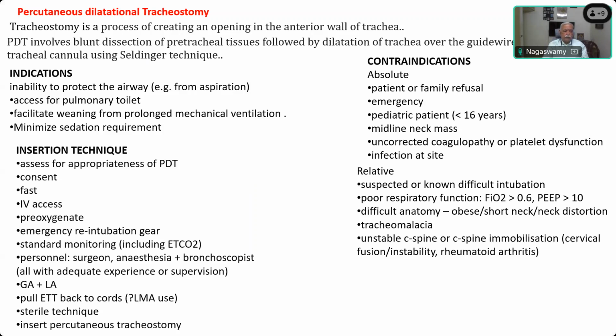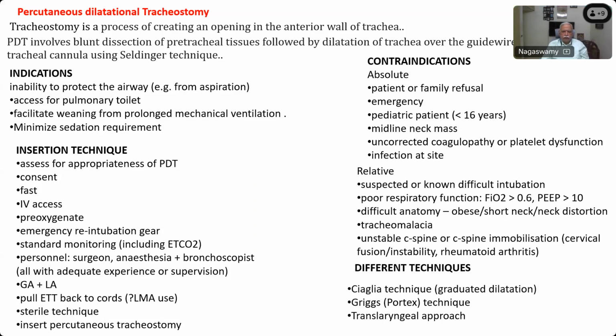You can do it under GA or LA or GA plus LA. And as you said, you have to pull back the ET tube towards the cords. And sometimes people use an LMA also for ventilating to avoid damage to the ET tube cuff. And you have to practice a sterile technique. And finally, introduce the tracheostomy tube.